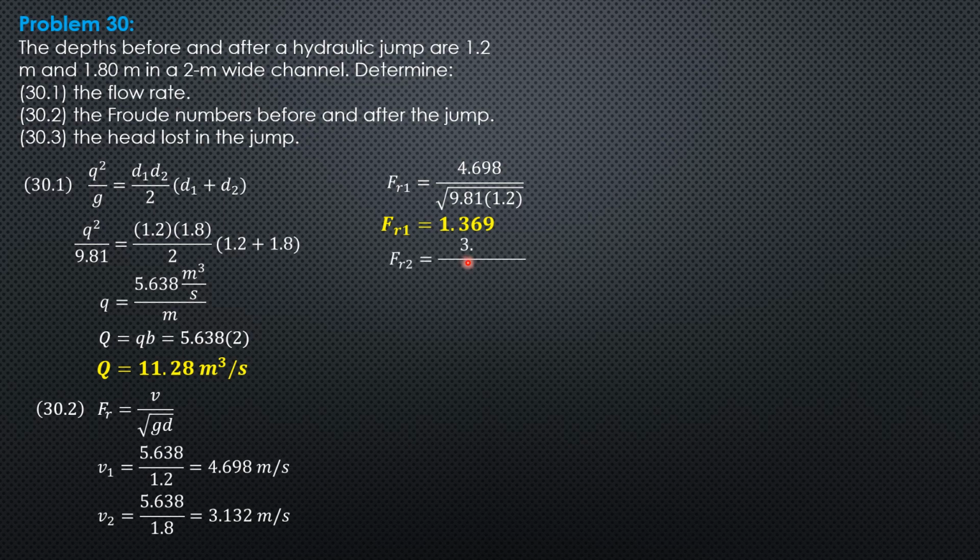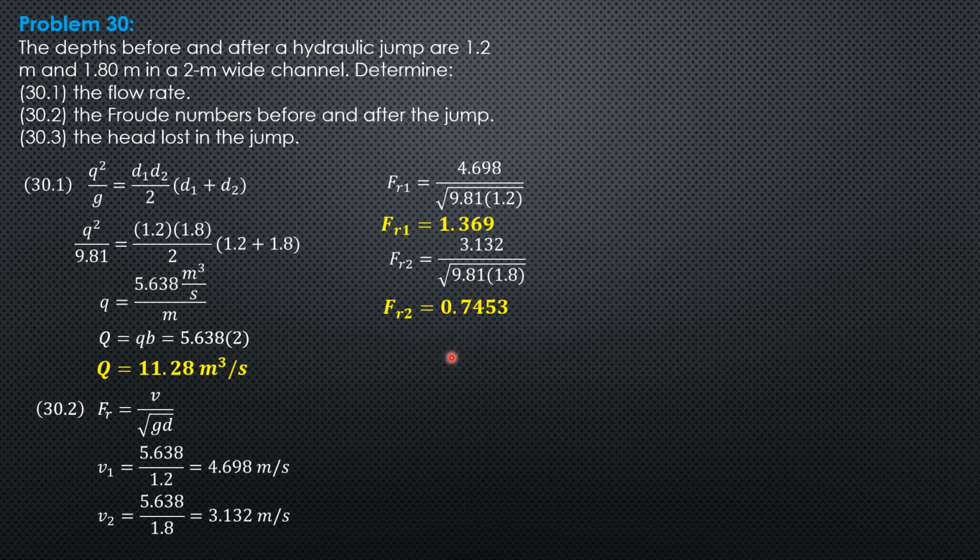So FR2 is equal to 3.132 over square root of 9.81 times 1.8. So FR2 is 0.7453.